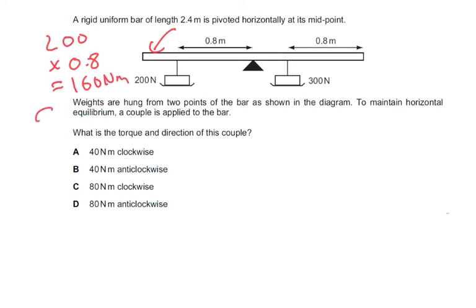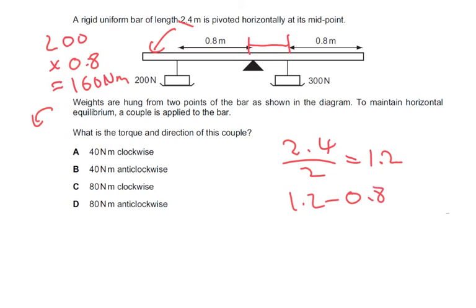Going the other direction, we need to work out what this distance is. We're told the length of the bar is 2.4, and it's pivoted right at the midpoint, so 2.4 divided by 2 is 1.2. So the distance to the midpoint from this 300 newtons is going to be 1.2 minus 0.8, which is 0.4 meters.